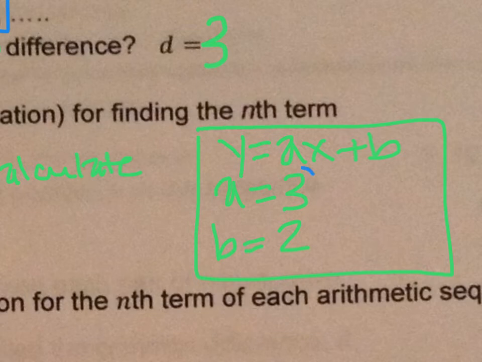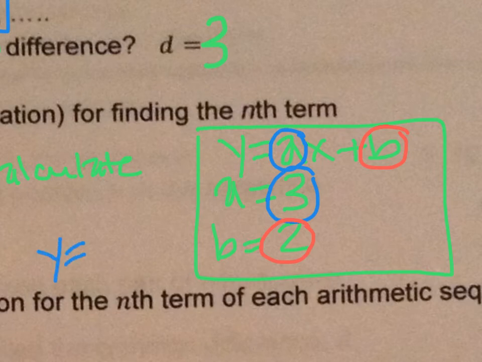So take these values and plug them in where they belong. And our equation here is going to be y equals, plug in the 3 for a, followed by x. Now plug in the 2 for b, and it's a positive 2, so I say plus 2.